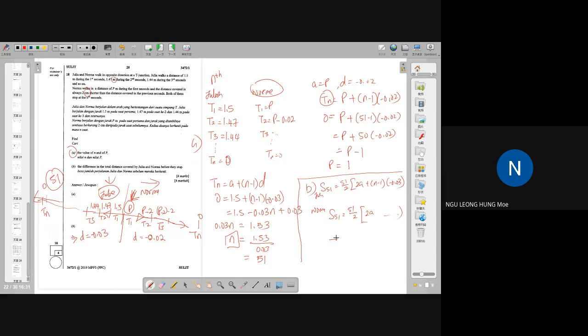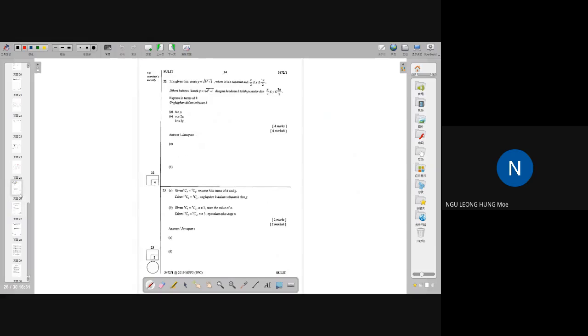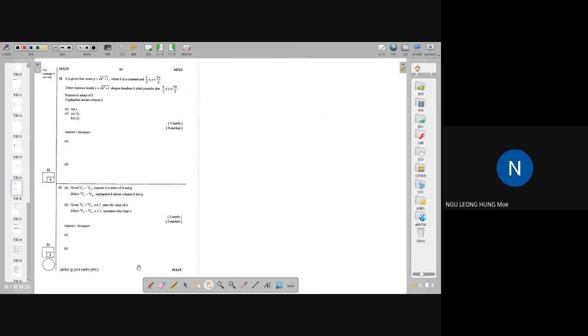Okay, ada lagi soalan? Ada lagi soalan? Kalau tidak, 23A. Okay, 23A. Siapa yang sudah try, reply 1.